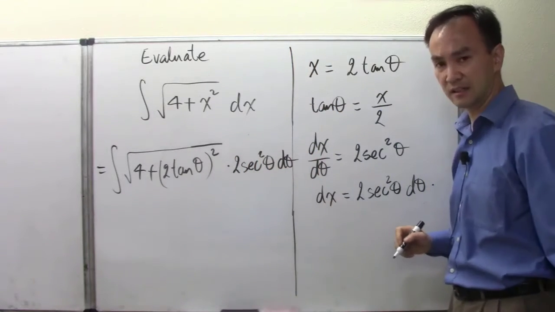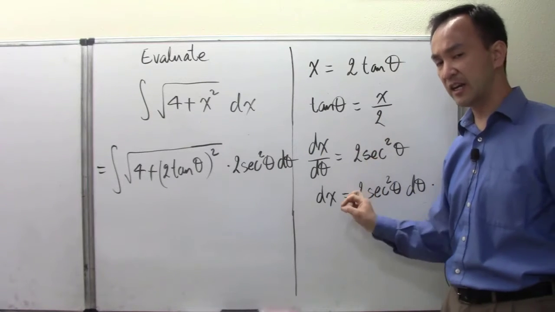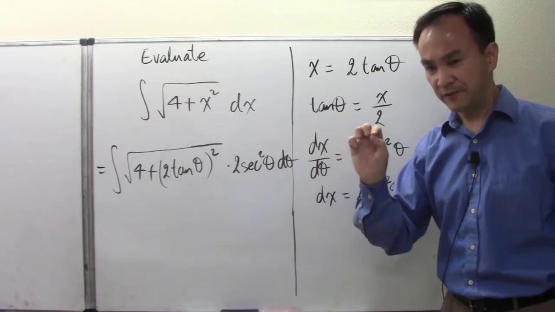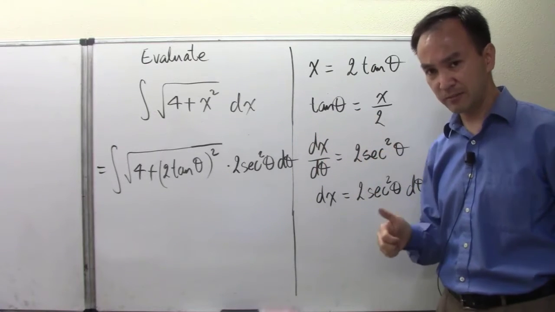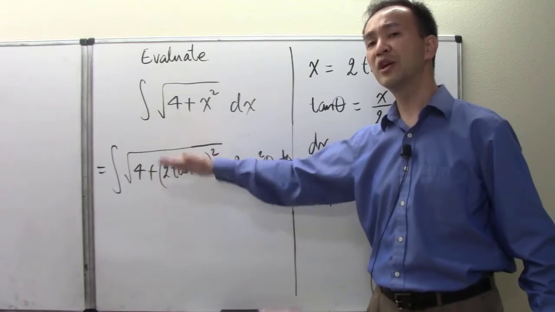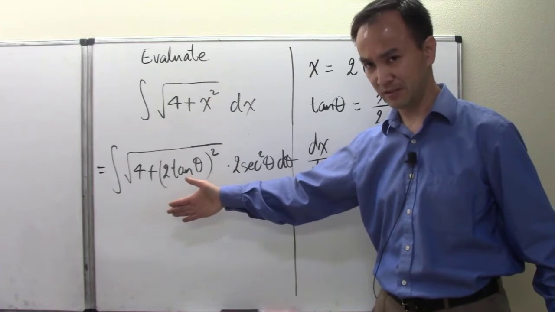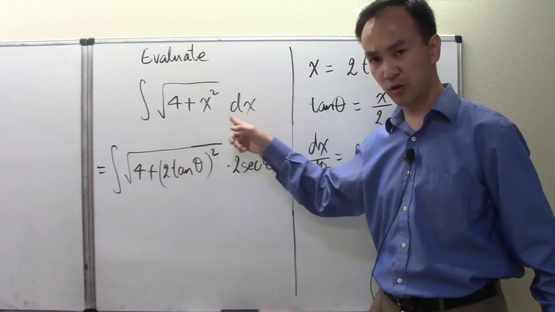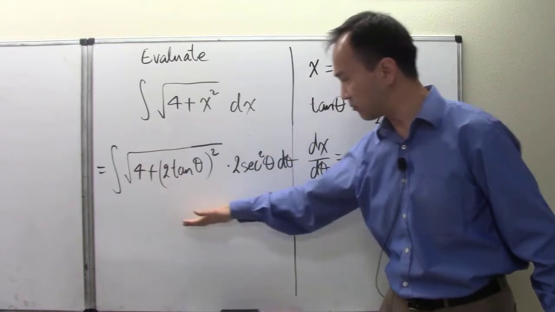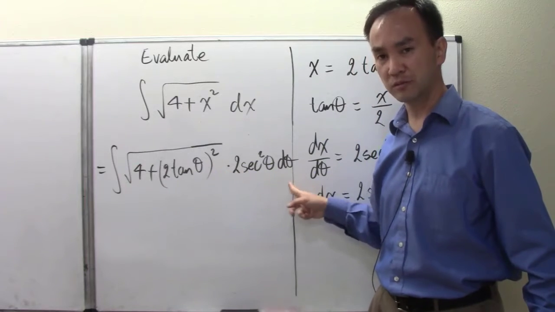So once again, as far as connecting our understanding here with the major fundamental concept of the substitution method, we have to check ourselves: have we completely washed away the old variable, the x variable? Yes, we have. So this is a completely brand new integral in terms of the new variable, theta.